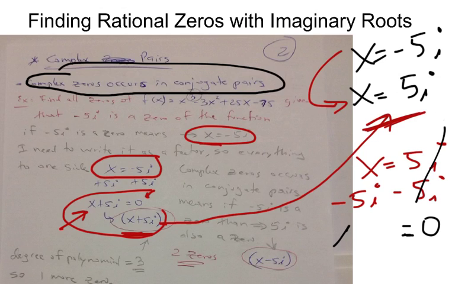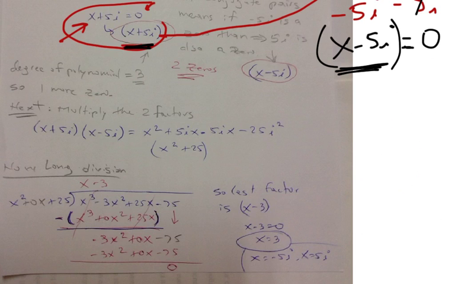On the left, I'm going to have x minus 5i, and now that turned into my factor. So now I have one factor here, x minus 5i, and x plus 5i, the other factor. I just found my two factors, like I said, x plus 5i and x minus 5i.